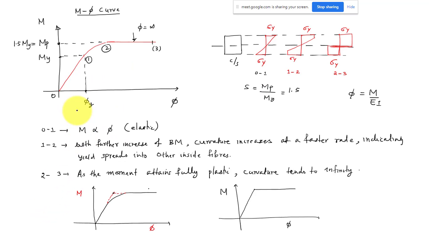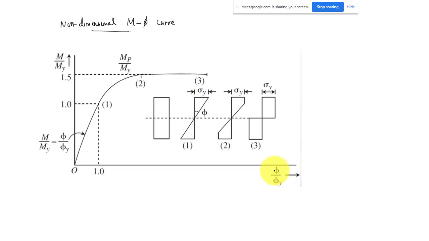So same thing, now this point will become 1 because we are dividing all the values with My. So this will be My by My, this will be phi y by phi y. Okay, the value of phi at this point is phi y, so we are dividing all the values of phi with phi y here, and here I am dividing M with My.